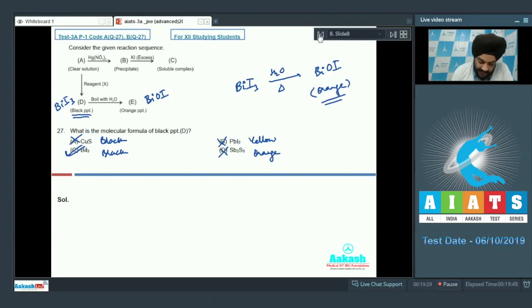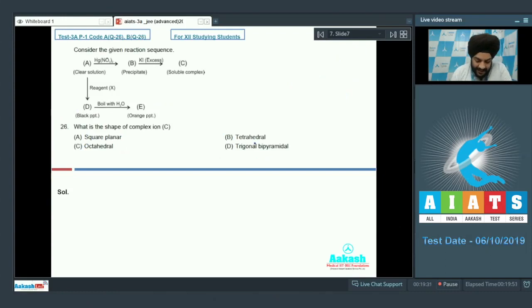And if you now look at question number 26, what is the shape of the complex in C? So now students, if we talk about the clear solution A, it has to contain iodide ion, and iodide ion, when it reacts with Hg(NO3)2, forms HgI2. This HgI2 dissolves in excess of KI to give us HgI4 2-.